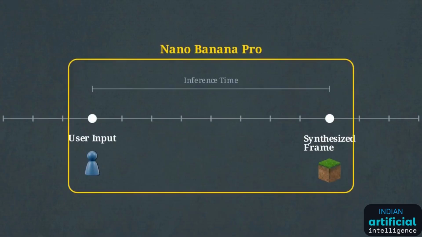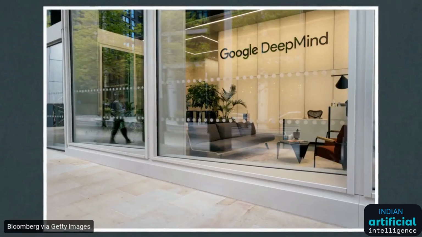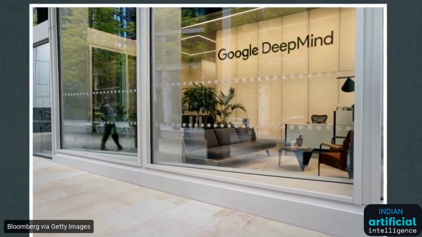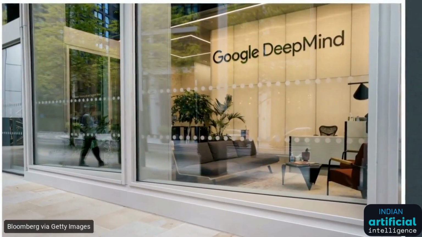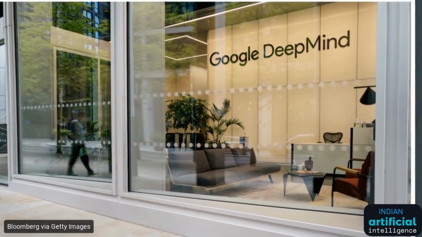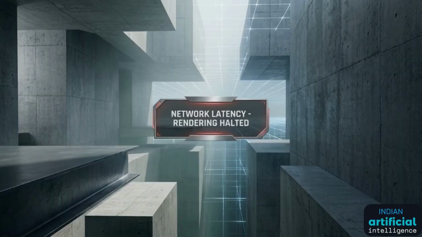Its sole function is to drastically compress the inference time between the initial user input and the moment Genie 3 outputs the synthesized frame. Executing this low-latency pipeline requires a tremendous amount of specialized hardware, restricting current operation to Google's premium AI ultra-tier server-side infrastructure.